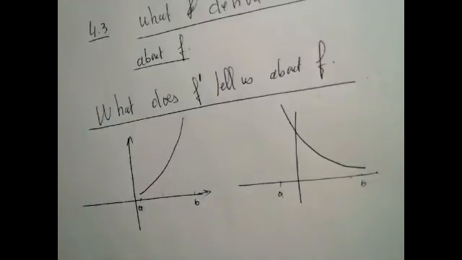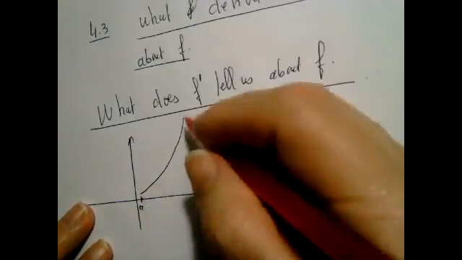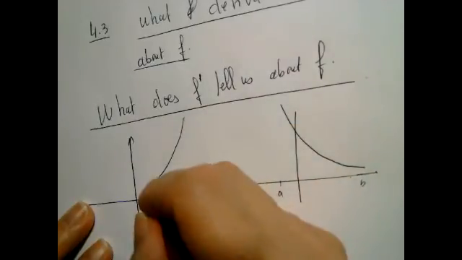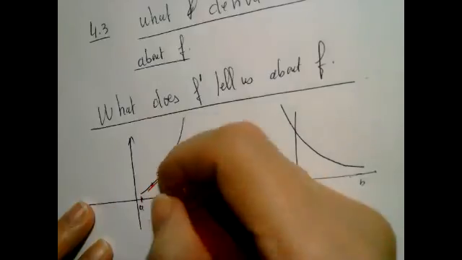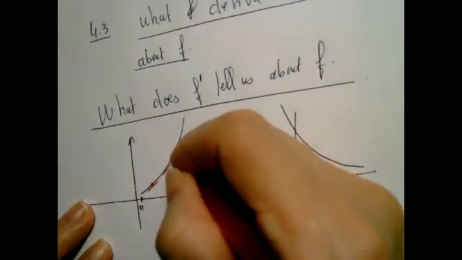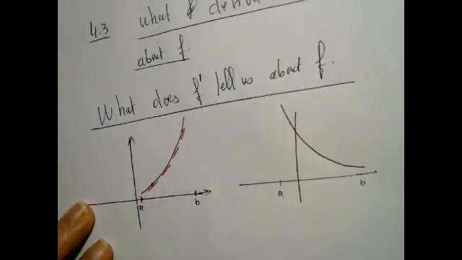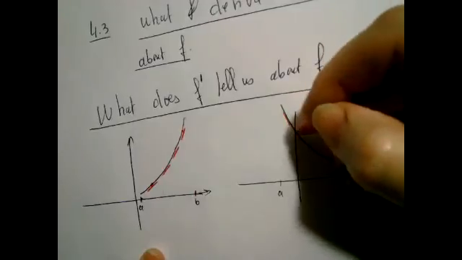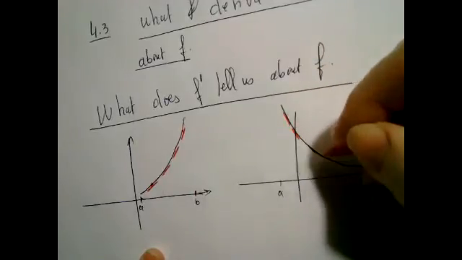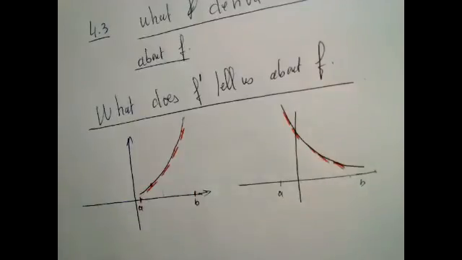Now, when a function is increasing on an interval AB, what can we say about the derivative at every point? If it's increasing, the derivative is the slope of the tangent line, so the derivative is positive on this interval. And if decreasing on an interval, my derivative is negative on this interval.